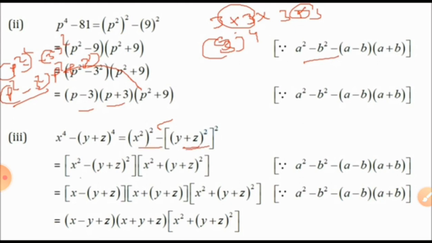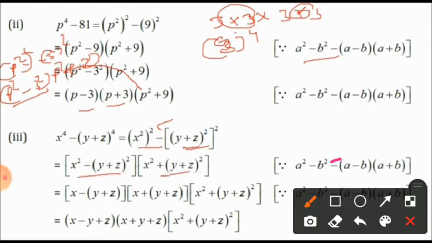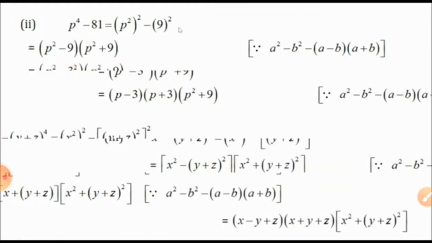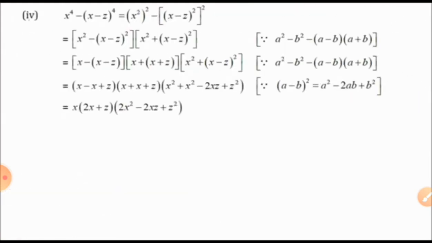So all the terms here have an equal to sign, beta. Here also is an equal to sign. By mistake in typing. These are the identity a square minus b square. Rearranging and find out the answers. Clear? Yes. Now fourth one.